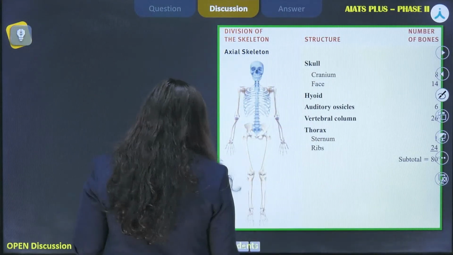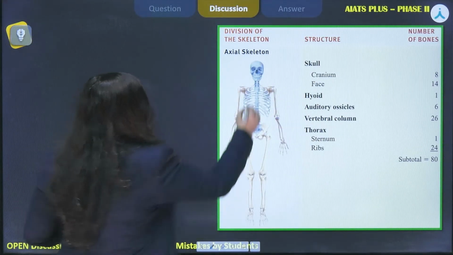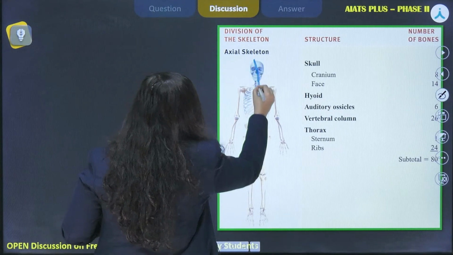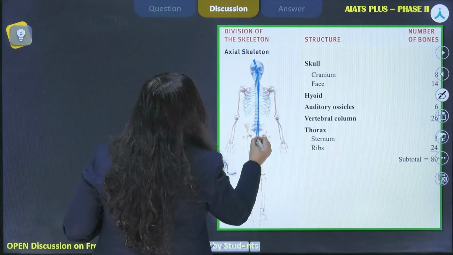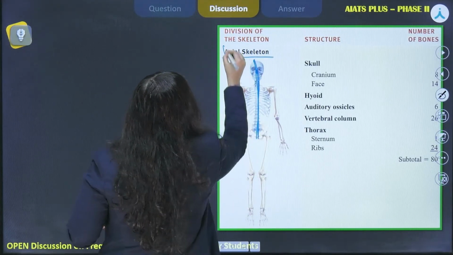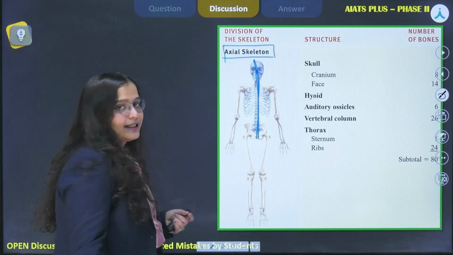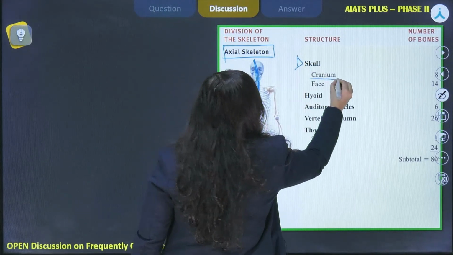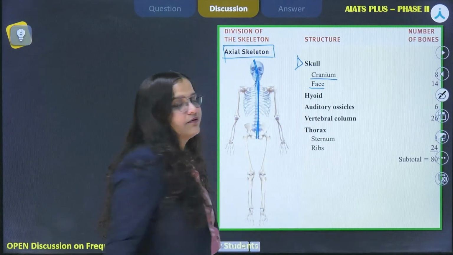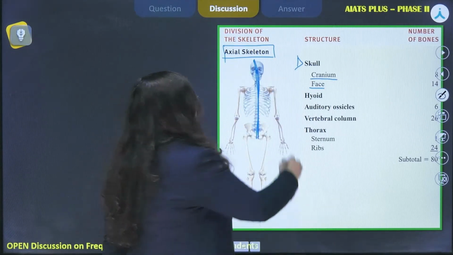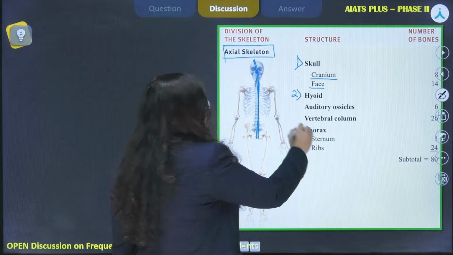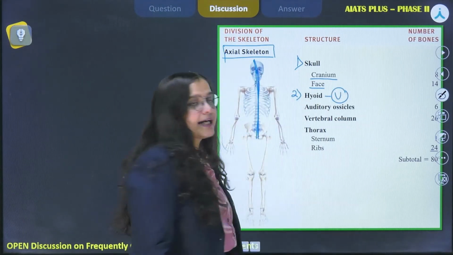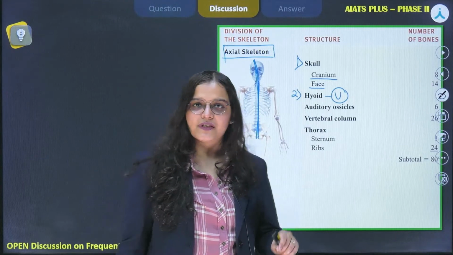As we can see in the figure as well, we have bones along one axis, and it is a part of our axial skeleton. So we have our skull, which is made up of the cranial bones and the facial bones. Then we have the hyoid bone, which is a U-shaped bone present at the base of our buccal cavity.